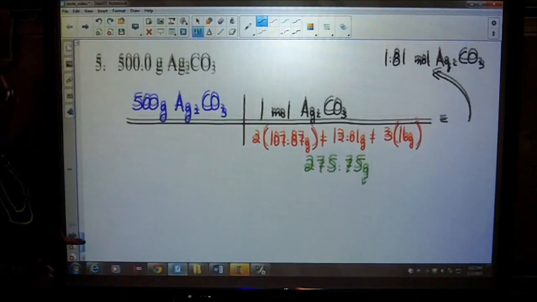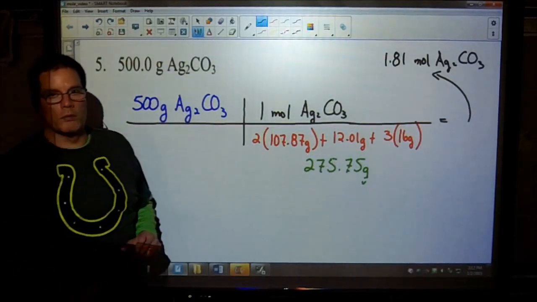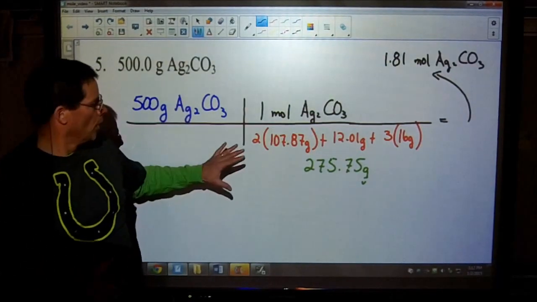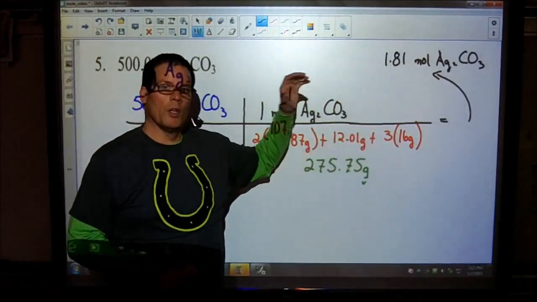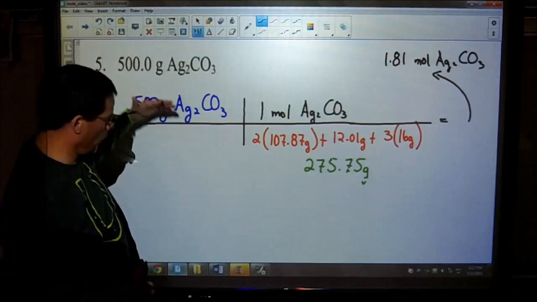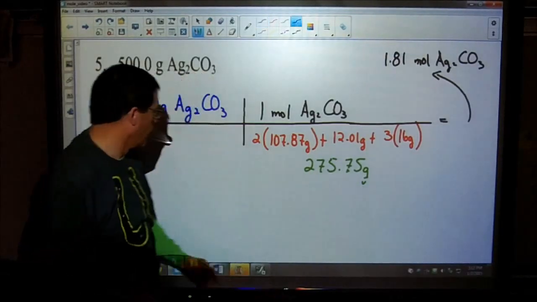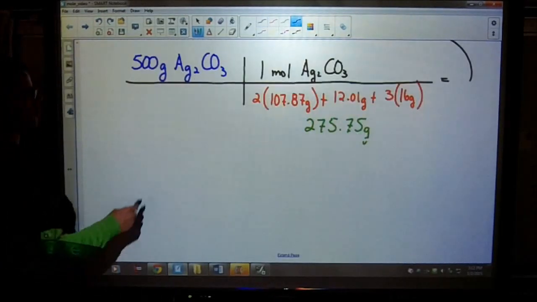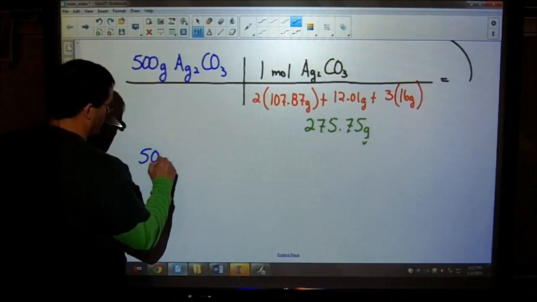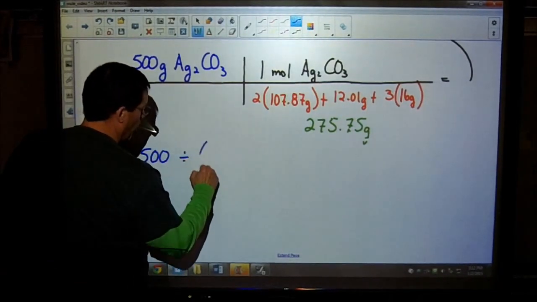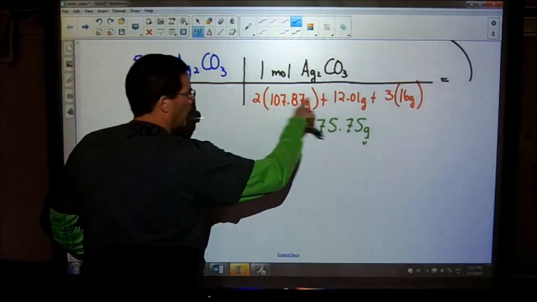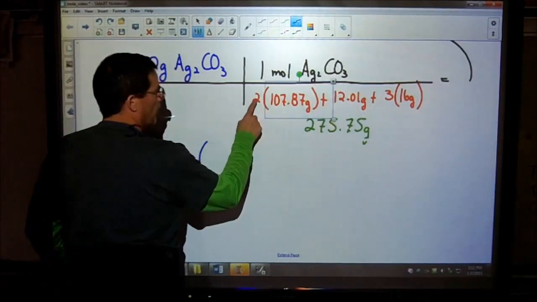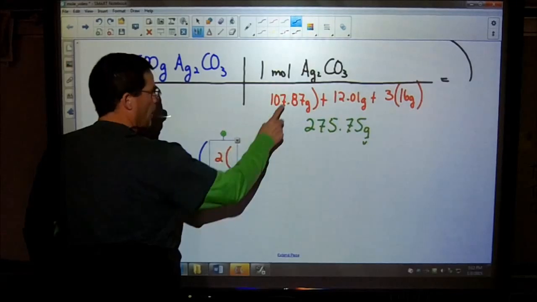Again, these problems are not as difficult or should not be difficult because the hardest component here is making sure that you're staying organized. When you're typing all this in, make sure that your order of operation is correct. So in this case here, which I didn't show, 500 divided by, open parentheses, and again, go slow, make sure you're understanding.